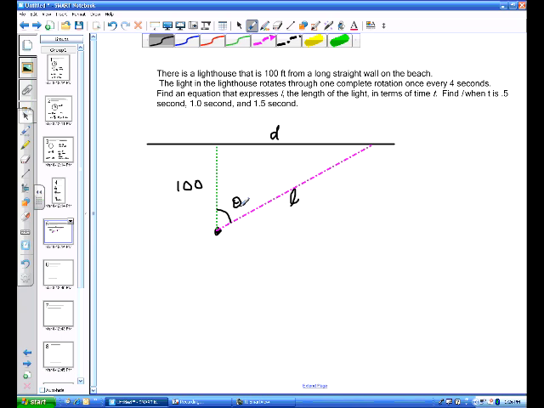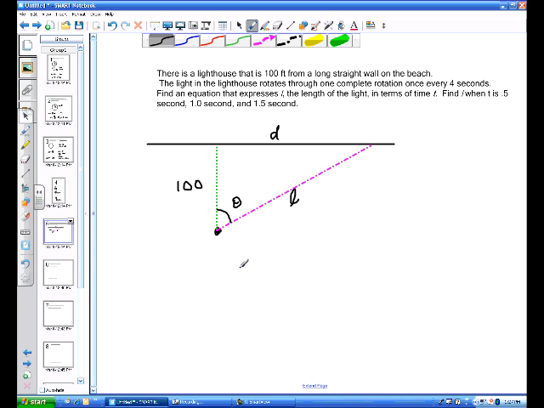As we want to solve for L, there are different ones we could use, but because we want to use the 100 and we want L to be easier to find in the numerator, we could use the cosine, but the cosine of theta is the adjacent over the hypotenuse, and that would make it a little more difficult.